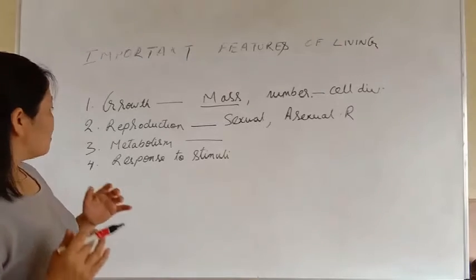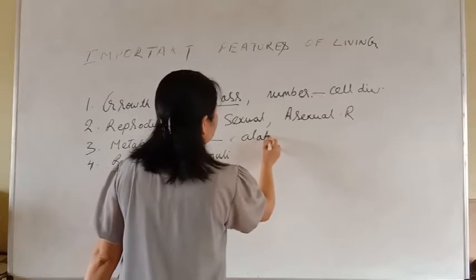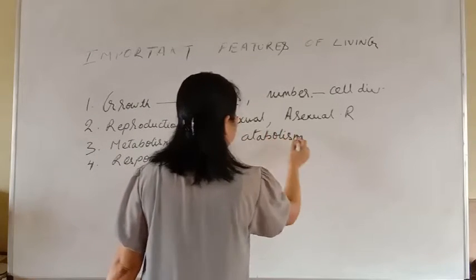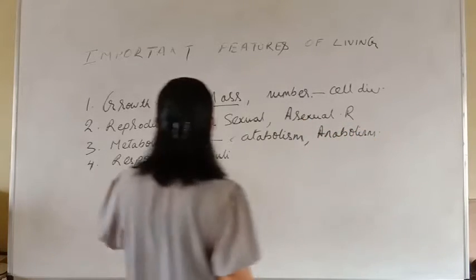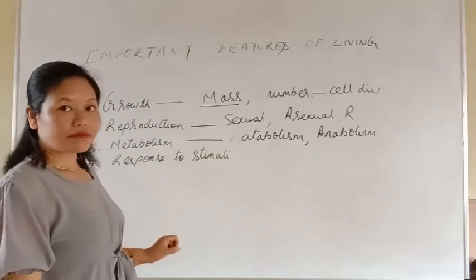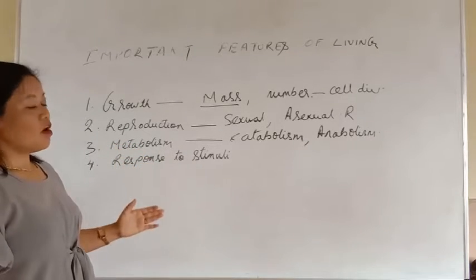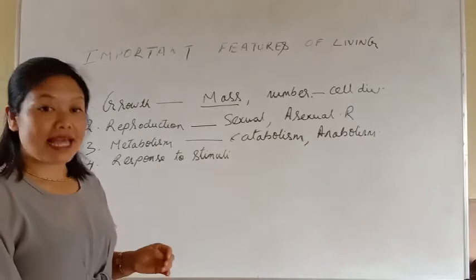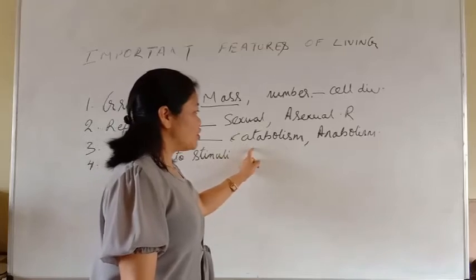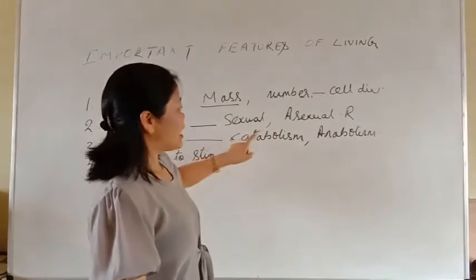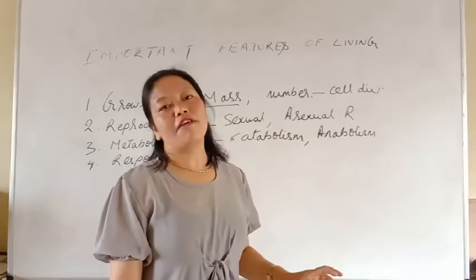There are two types of metabolism: the first one is catabolism, and the second one is anabolism. Catabolism means breaking up of the materials, and anabolism means building up of the materials.